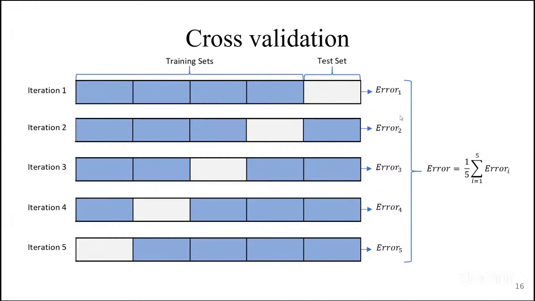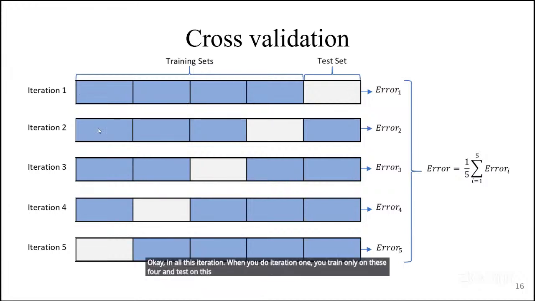In all these iterations, when you do iteration 1, you train only on these 4 and test on this. In iteration 2, you start from scratch. You train only on these 4 data points, test on this one, and report error 2.